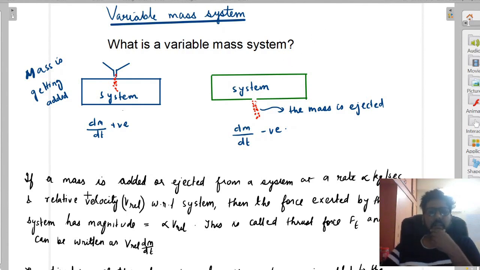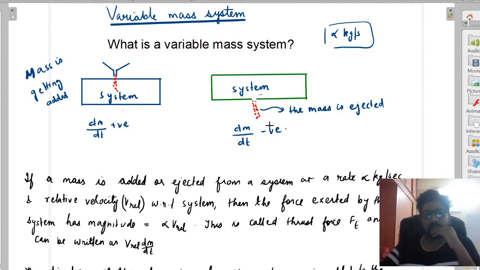Let us assume that the mass is added or ejected from a system at a rate alpha kg per second. So here you will write dm by dt is plus alpha, and here you will write dm by dt is minus alpha. Okay, and let the velocity of the added mass or the velocity of the ejected mass with respect to your system be given by v relative.